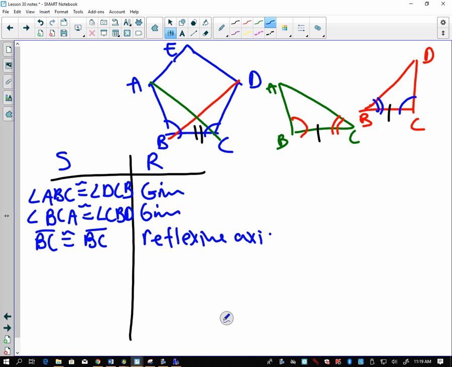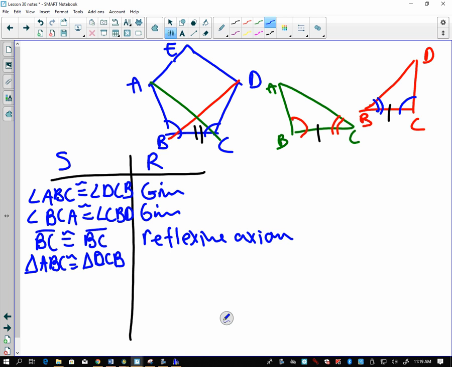Now, do I have enough information, or do I still need something else to prove that these triangles are congruent? Yes, we could go so far as to say that angle BAC is congruent to angle CDB, but do I need to? No. What do I have? I have angle side angle, so I can say triangle ABC is congruent to triangle DCB.